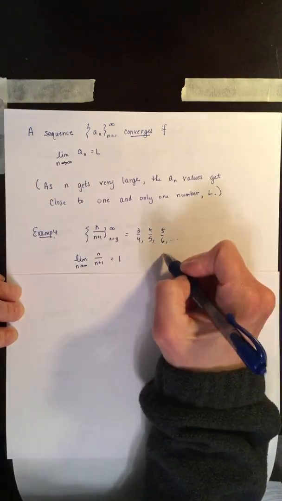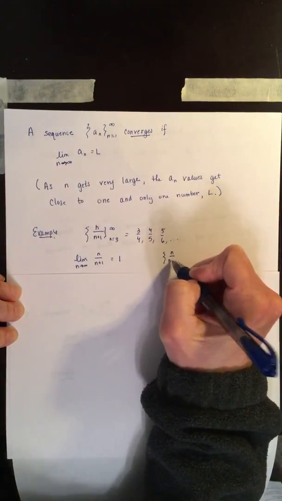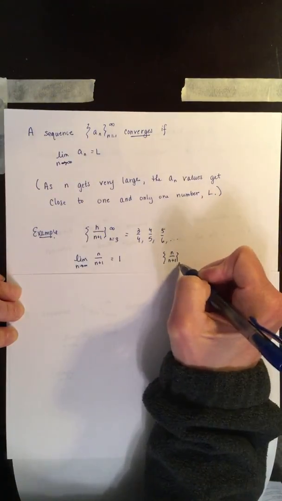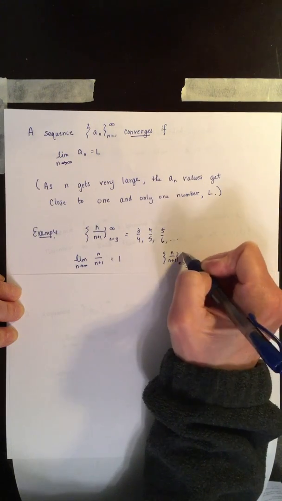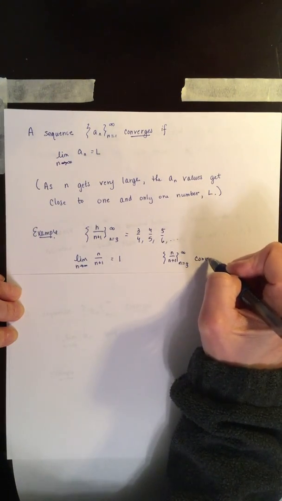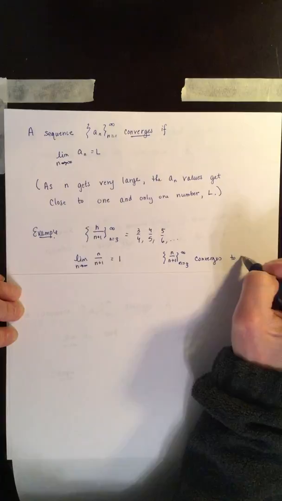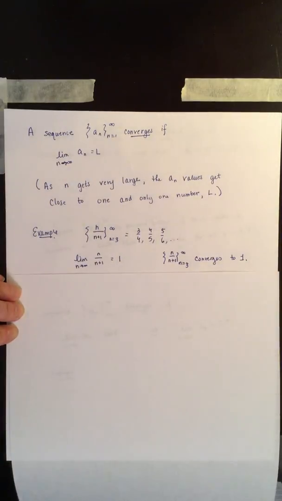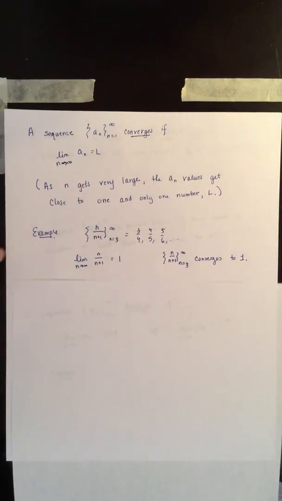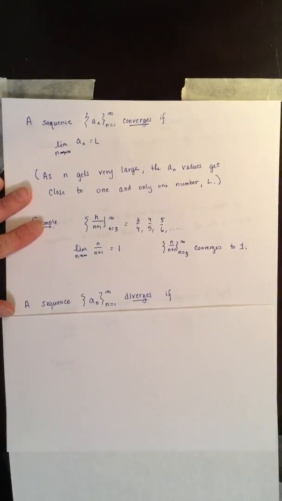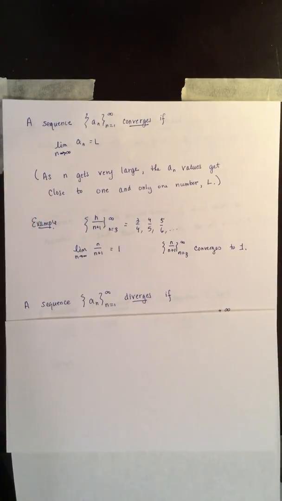So we would say that the sequence of n over n plus 1 as n goes from 3 to infinity converges to 1.